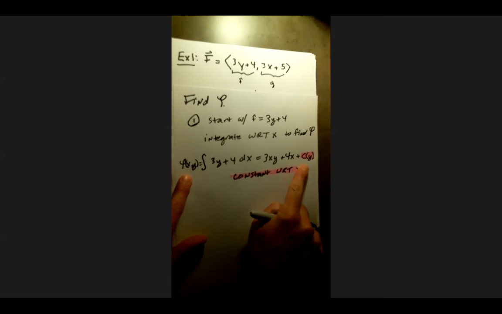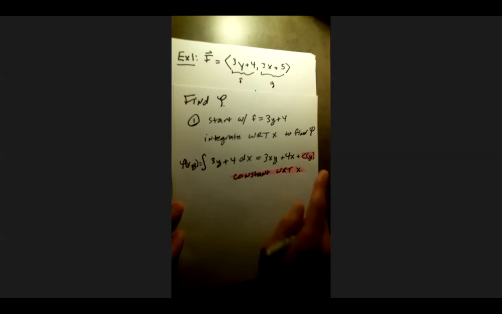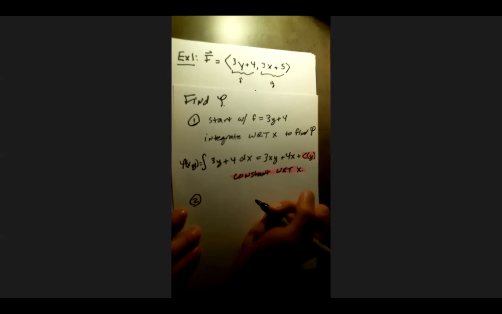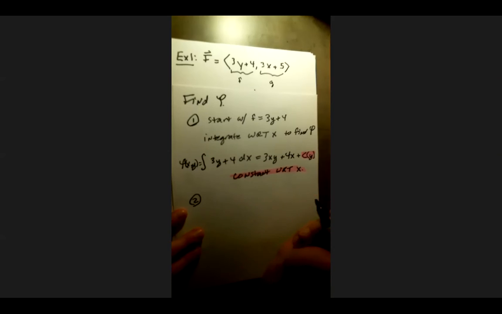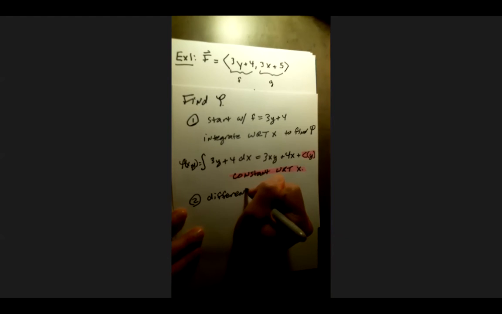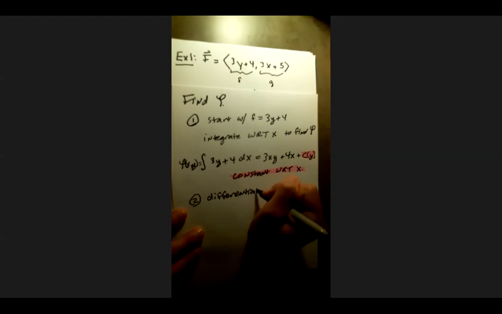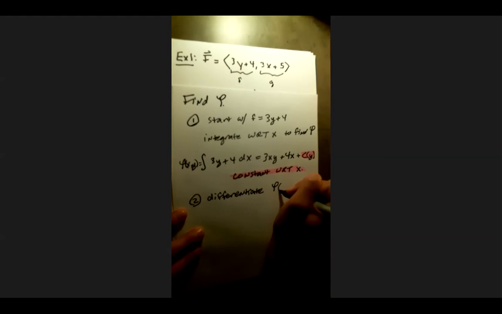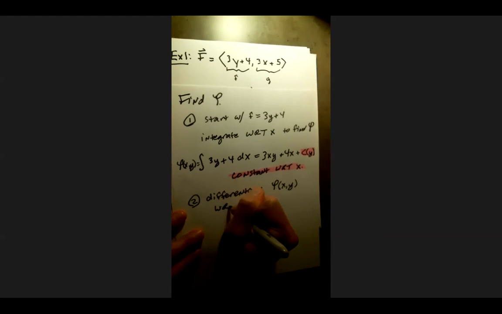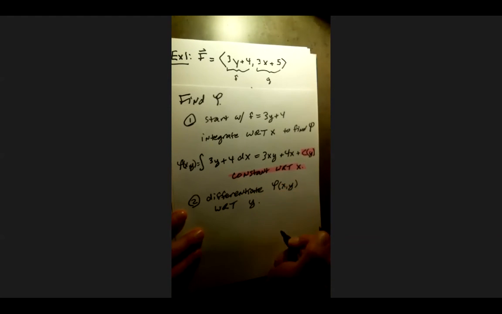Well, we still need to figure out what our c of y is. So the second step is we need to differentiate phi of xy with respect to y.